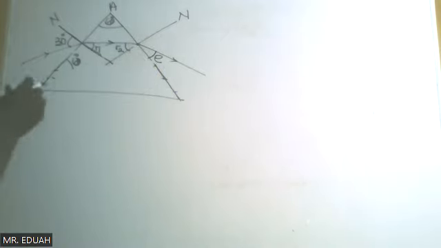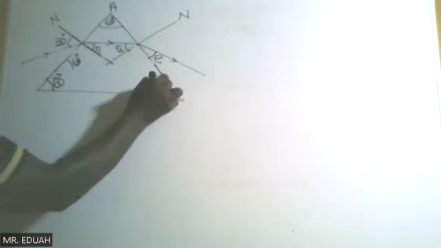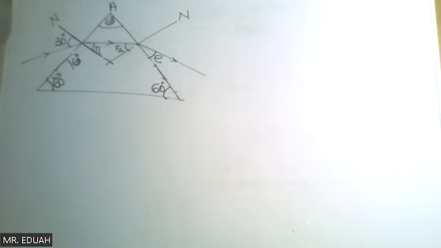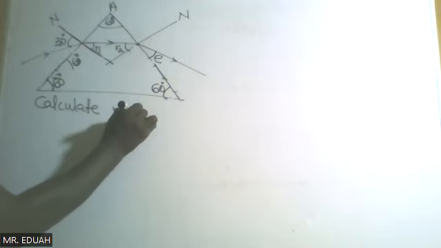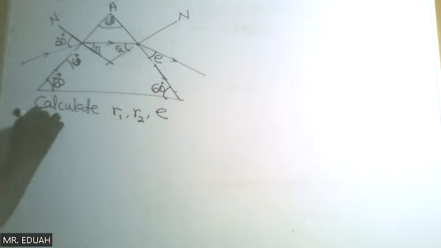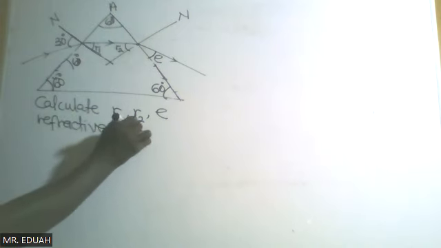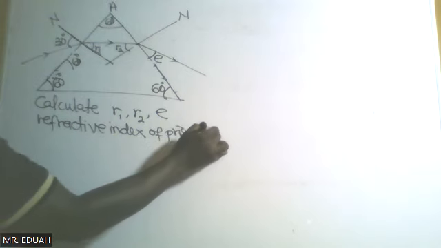So it's an equilateral, so 60. Now our question is: study the illustration and calculate R1, R2, then E, when the refractive index of the prism is 1.5.